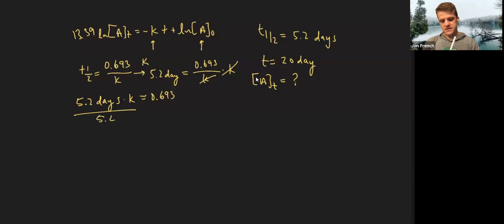Divide both sides by 5.2. And I get the rate constant for this reaction, right? 0.693 divided by 5.2, 0.1333 inverse days, right?